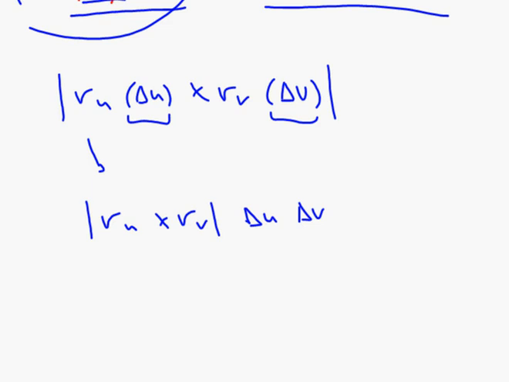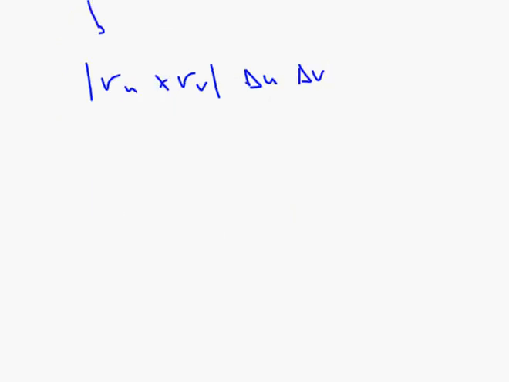All right, but now we actually know how to find a cross product. So let's remember what Ru is. Ru is the directional derivative in the u direction of that transformation. So we can write that a couple of ways. Let's take a minute just to remember.